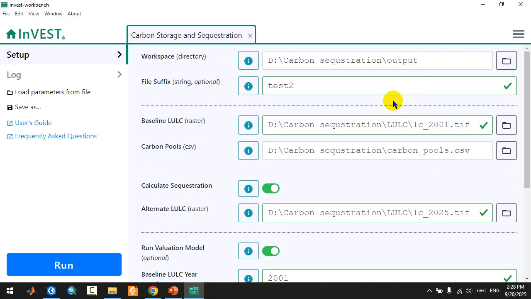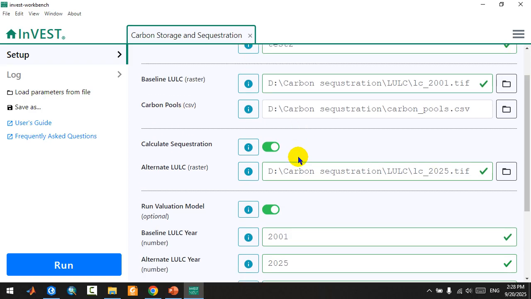Okay. I fill in the workspace directory and file suffix test2, the baseline LULC raster file for 2001, and the carbon pools in CSV format, with the carbon sequestration alternative for 2025.